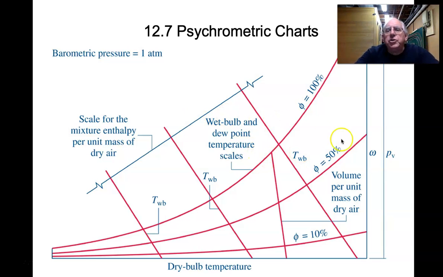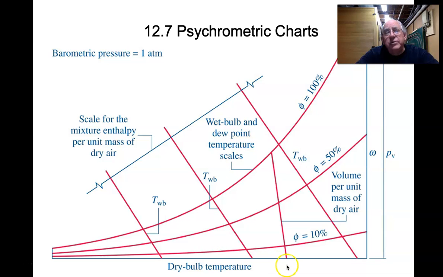What else is on this chart? Well, the various relative humidity lines are there. Recall, relative humidity was related to the partial pressure of the vapor divided by the saturation pressure at a given temperature.